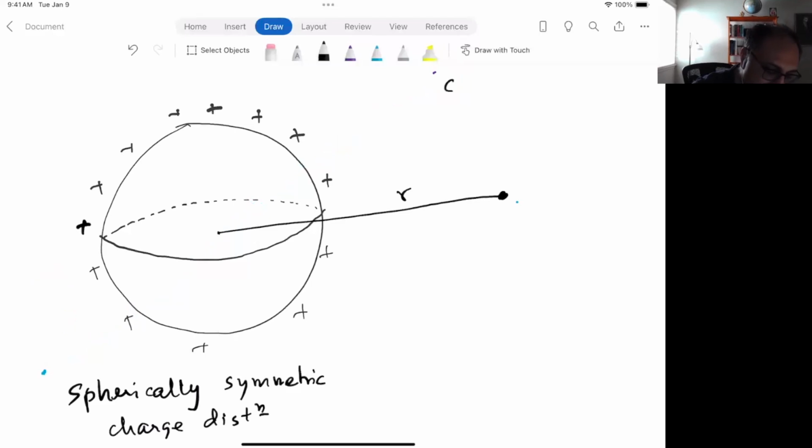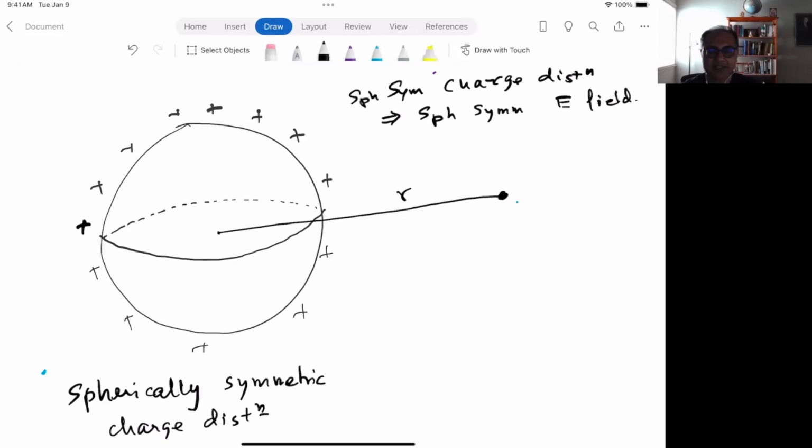A spherically symmetric charge distribution implies a spherically symmetric electric field.